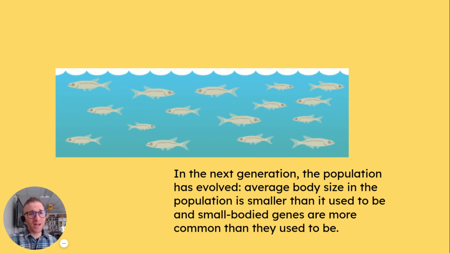So it's a pretty dramatic change in overall fish size. And that is a natural adaptation to the selection pressure that humans have put on them. It's really, really interesting way to look at it.